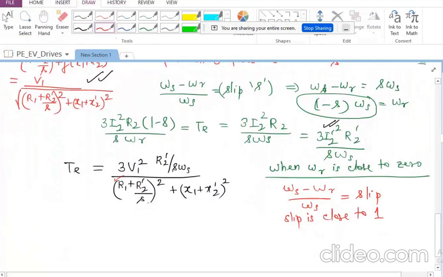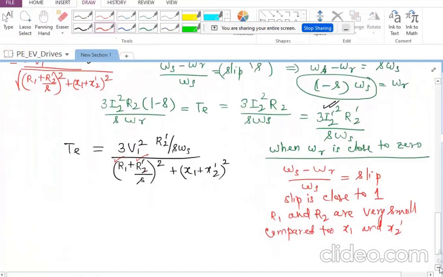That is definitely going to be much lower. R2 is again made up of copper conductors in the case of wound rotor; squirrel cage means it is going to have thick rotor bars. So the resistance is going to be really small. So R1 and R2 are very small, much smaller compared to X1 and X2 dash. That is the way it is going to be.